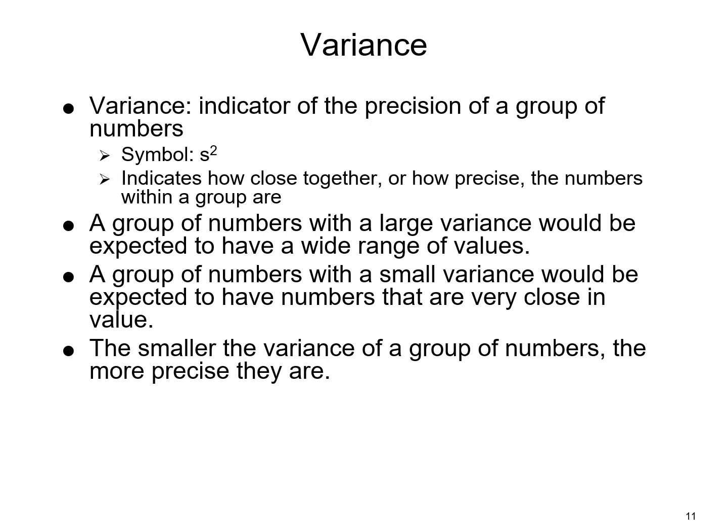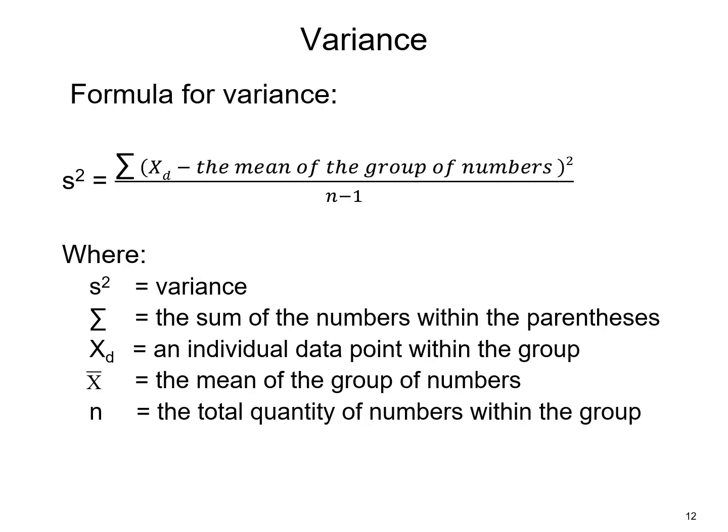And so what we'll actually do is we'll go through the steps of determining variance. So to determine variance, there is a formula, and it is a kind of complex formula. It's got a lot of steps involved, and it's very tedious, so we're going to talk through that process. But that formula is S squared, which again represents variance, equals the sum of, so we've got to add up a lot of data here, X, any number, so that's any of your data points within that group of numbers, minus the mean of that group of numbers.